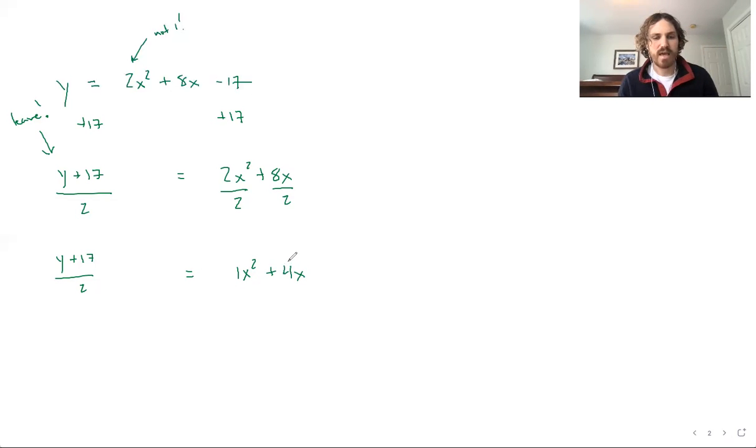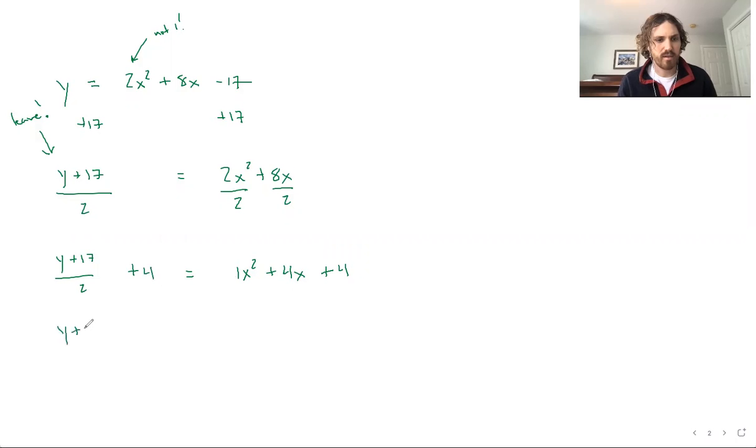So I know I need to add b over 2 squared. I could not do that here because I had the coefficient of 2. But now that I've divided my entire equation by 2, I can now complete the square. So I'm going to add 4 here, and I'm going to add 4 here. Okay.